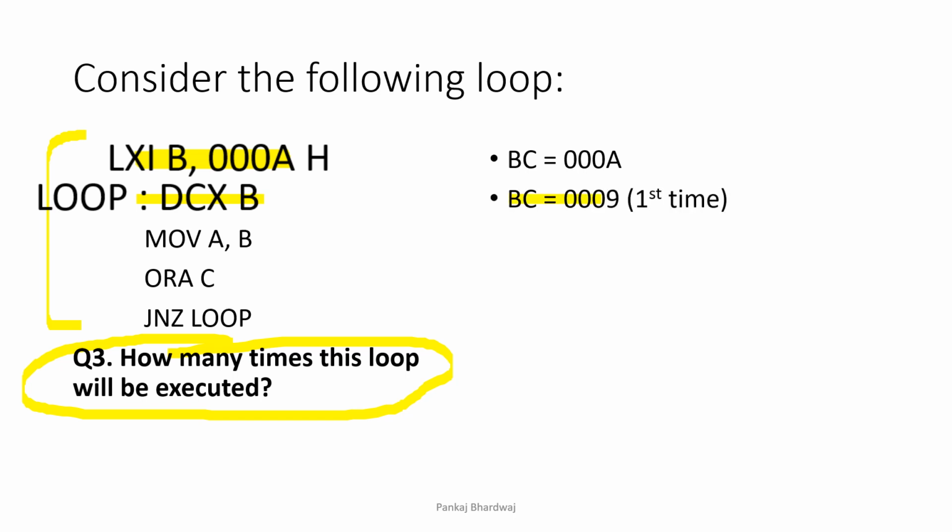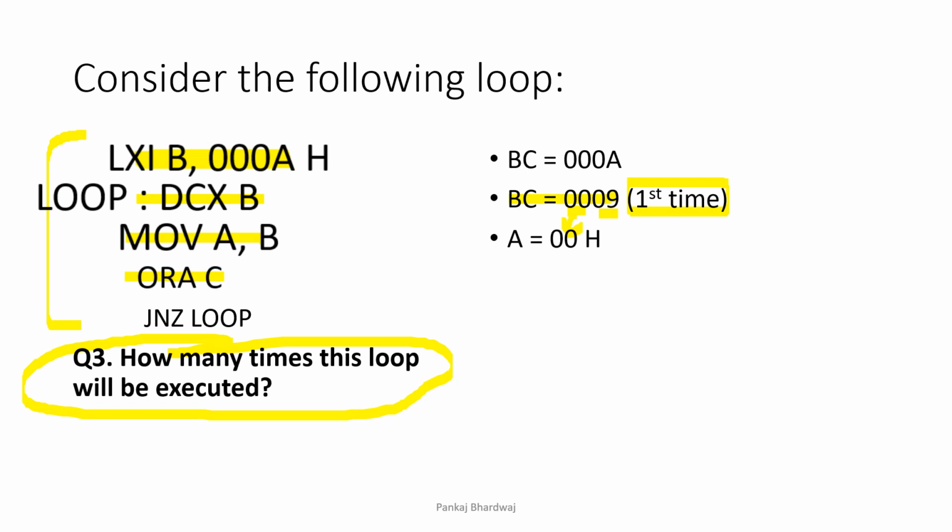So BC will be 0009 and the loop starts running for the first time. Then MOV A, B, that means the content of B will be moved to A. B is 00 and C is 09. So B is moved to A, that is 00.